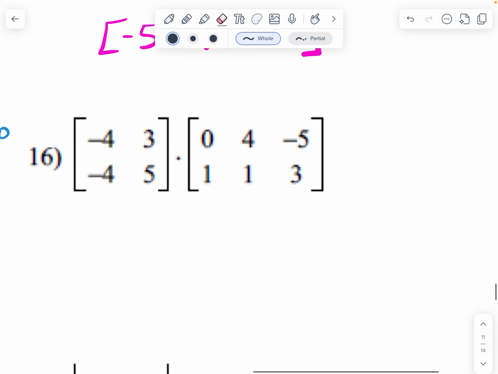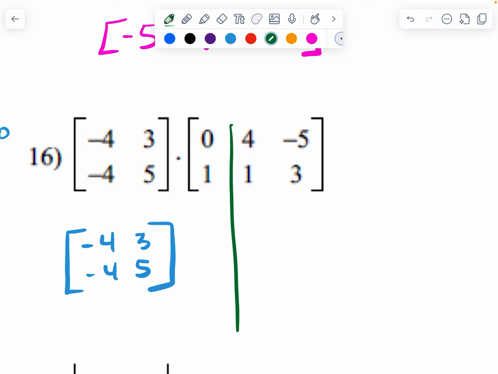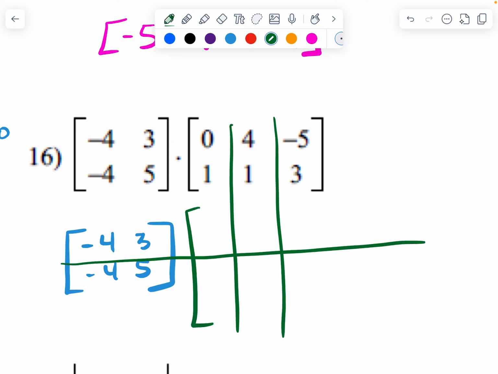Over here, I'm going to actually do what I was thinking of last time. Just bring this down here, negative 4, 3, 5. Okay, so this would get me 3 here.